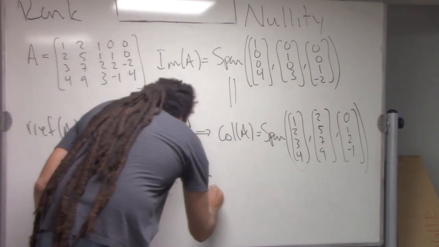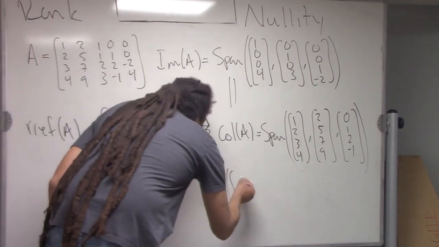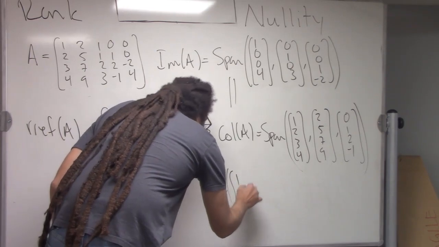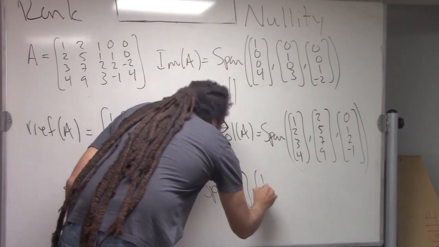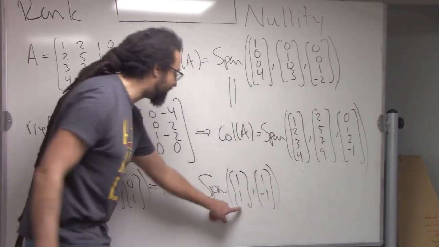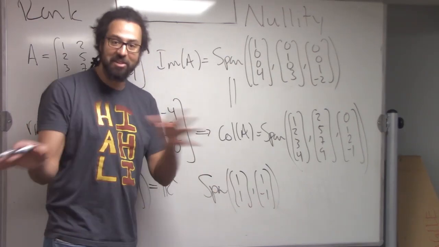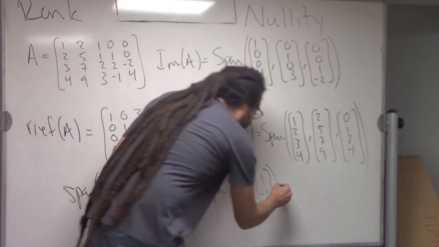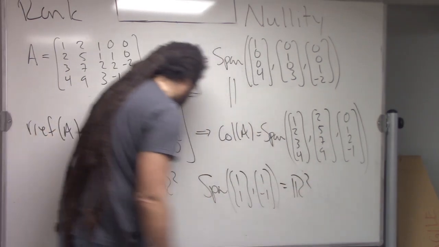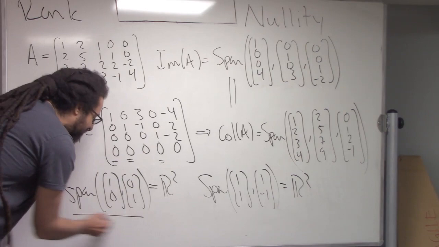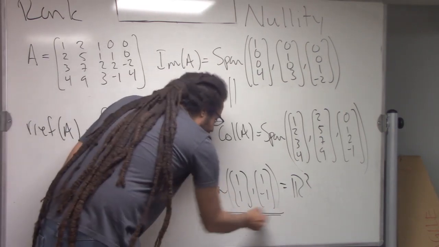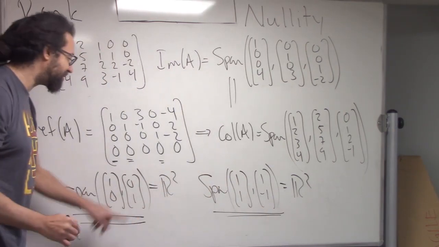For example, the span of (1, 1) and (1, -1). These two vectors are linearly independent, and there are two of them, so you can get anywhere in R2 using these two directions. So these two things are equal, even though they've got different spanning vectors.